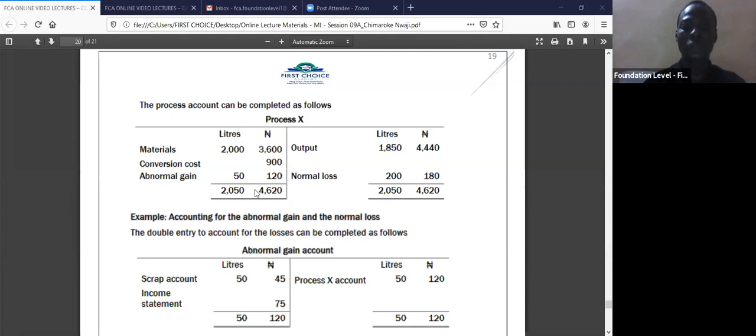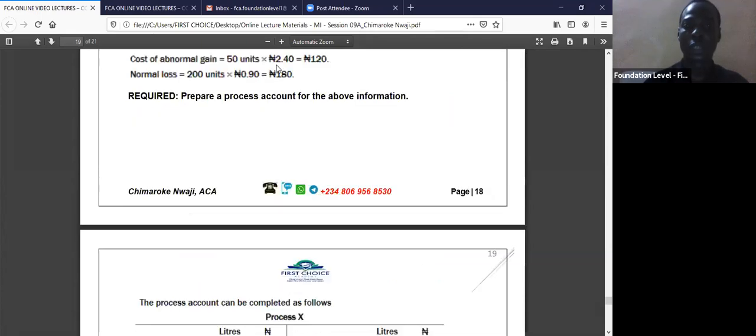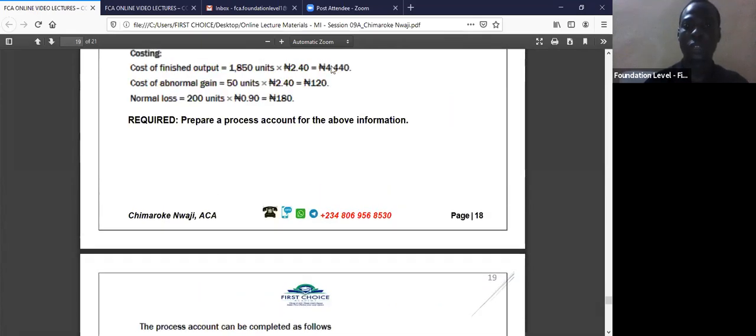Our good cost with our normal and abnormal gain, they are all apportioned the same cost, 2.4. So you can actually say 2.4 times this, like we did here, to get your values. So you see they're all balanced.